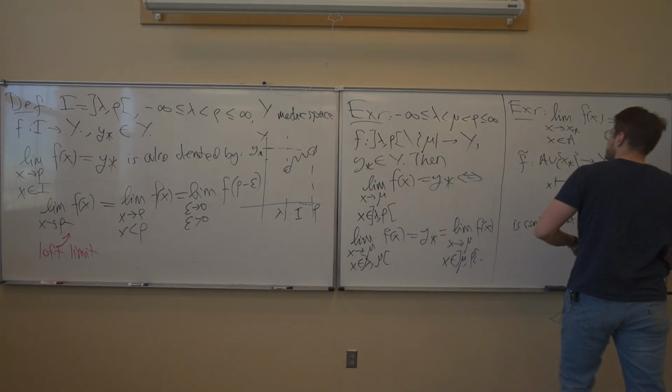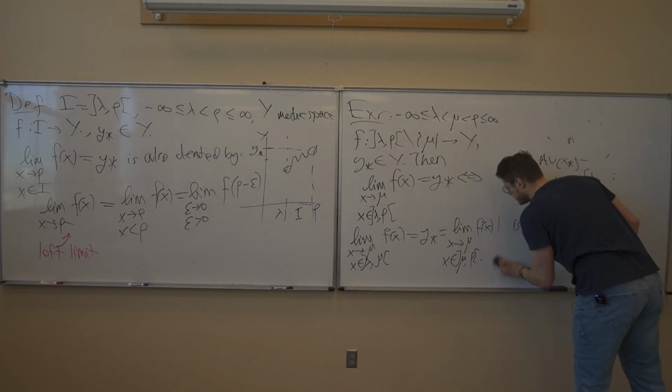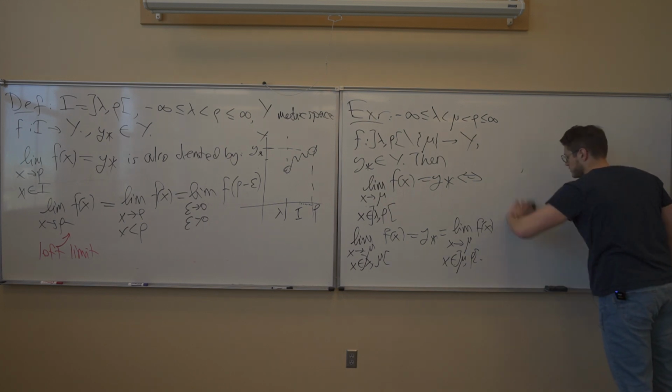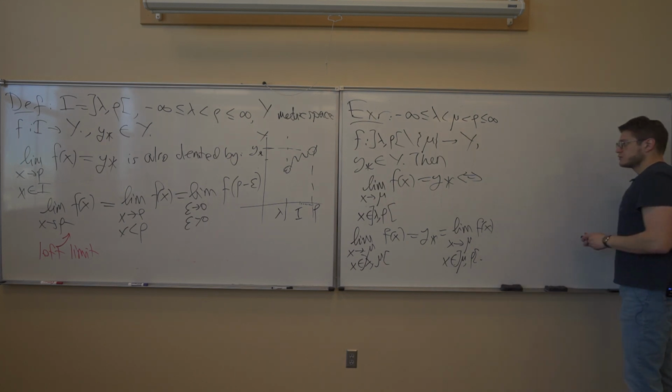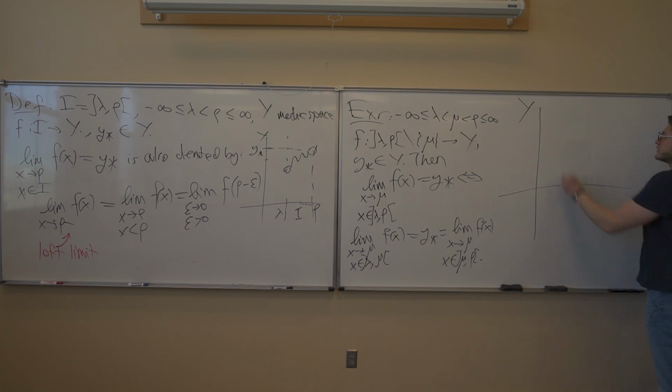What is the picture accompanying this exercise? Well, the picture is this. So I have my vertical space, y. Here's lambda, here's rho, somewhere here is mu, okay? Now, f is not necessarily defined on mu, but it is defined in between here, and it is defined here.